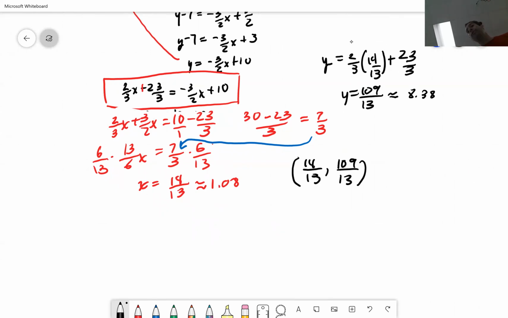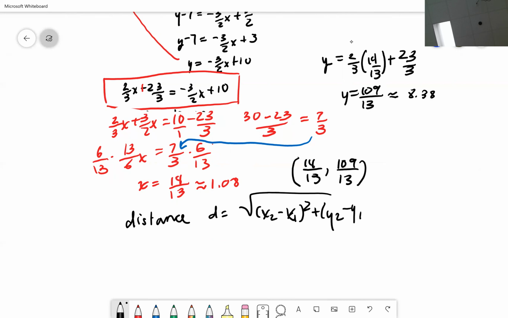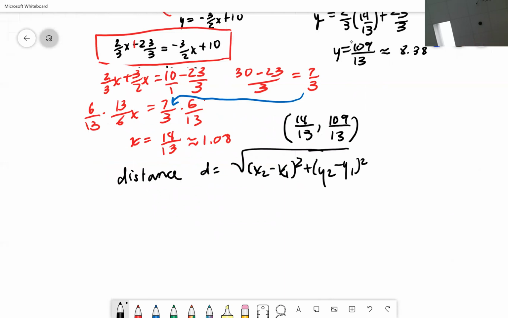And now we do our distance formula. Remember, distance equals x2 minus x1 squared plus y2 minus y1 squared. Shh, ladies, please pay attention. So this is the point of intersection.